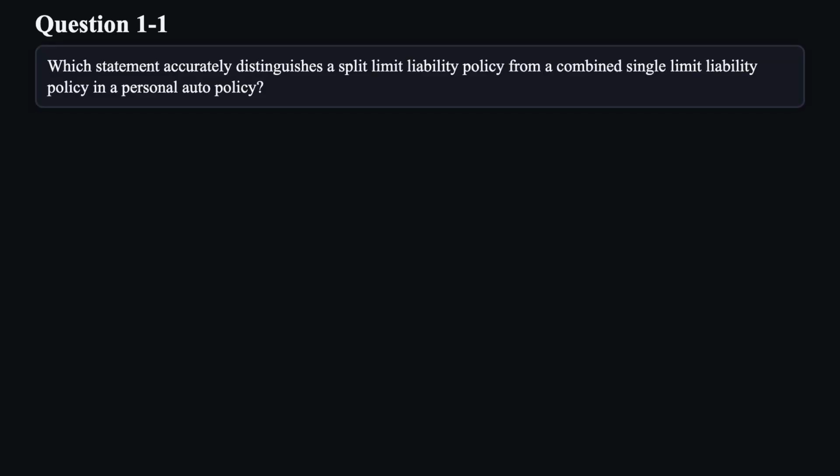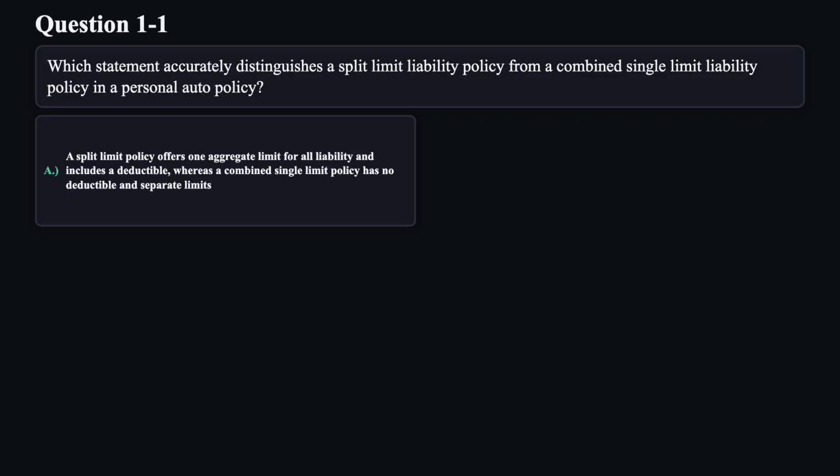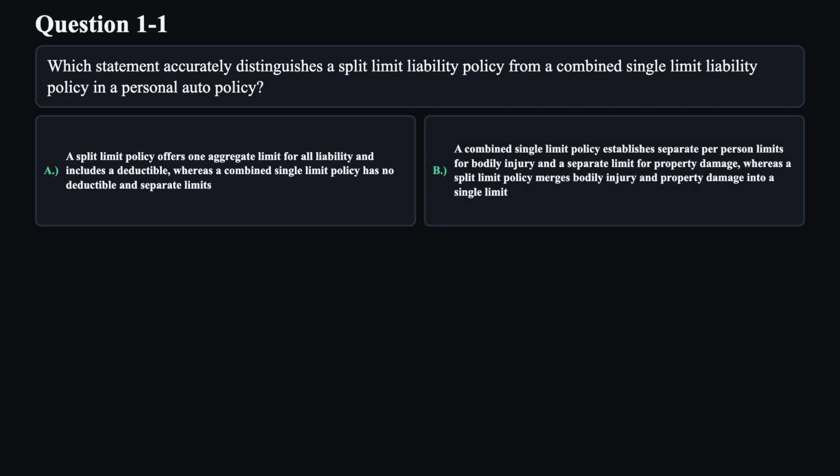Question 1. Which statement accurately distinguishes a split limit liability policy from a combined single limit liability policy in a personal auto policy? A, a split limit policy offers one aggregate limit for all liability and includes a deductible, whereas a combined single limit policy has no deductible and separate limits. B, a combined single limit policy establishes separate per person limits for bodily injury and a separate limit for property damage, whereas a split limit policy merges bodily injury and property damage into a single limit.